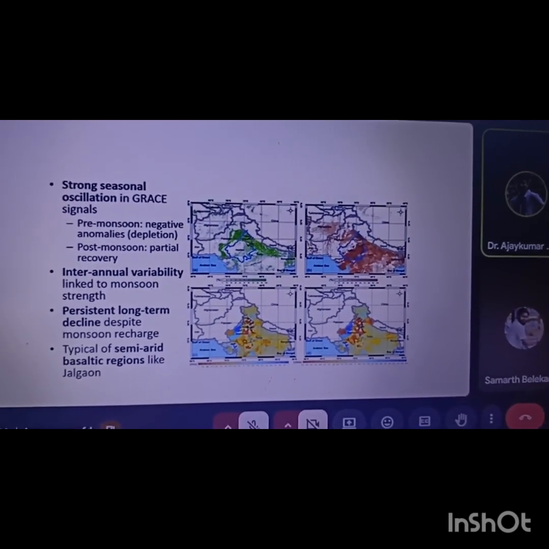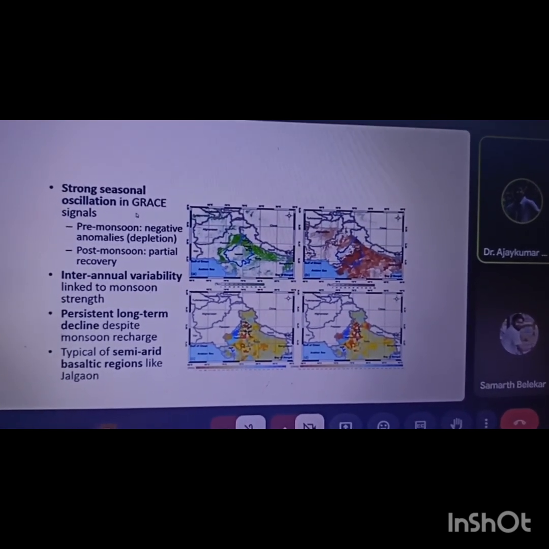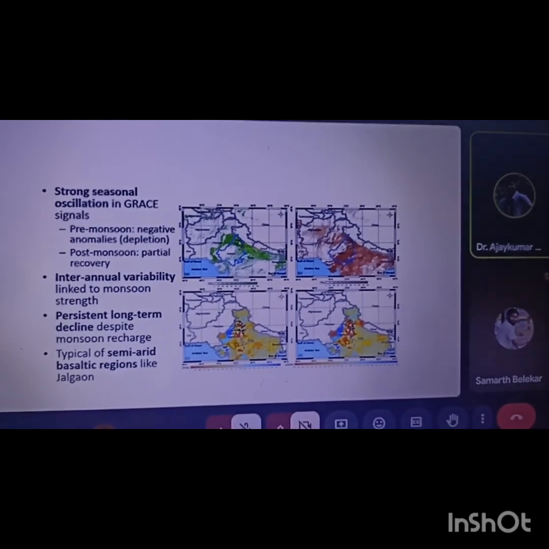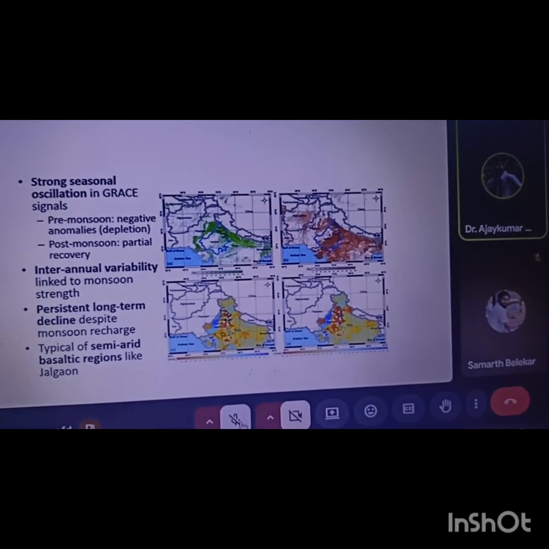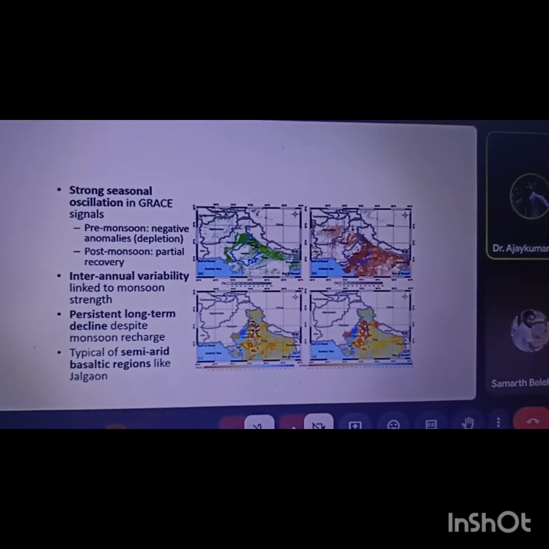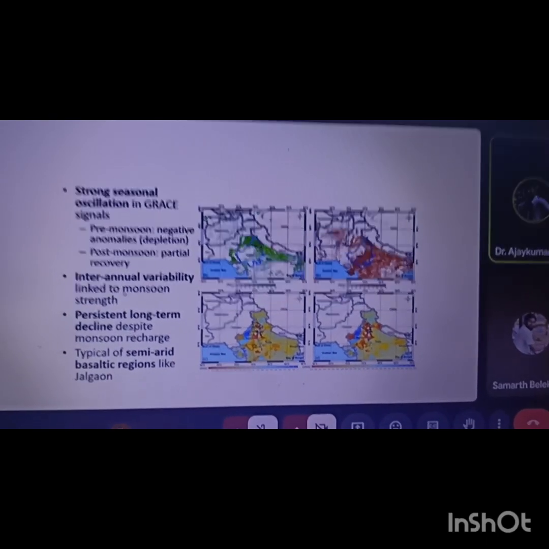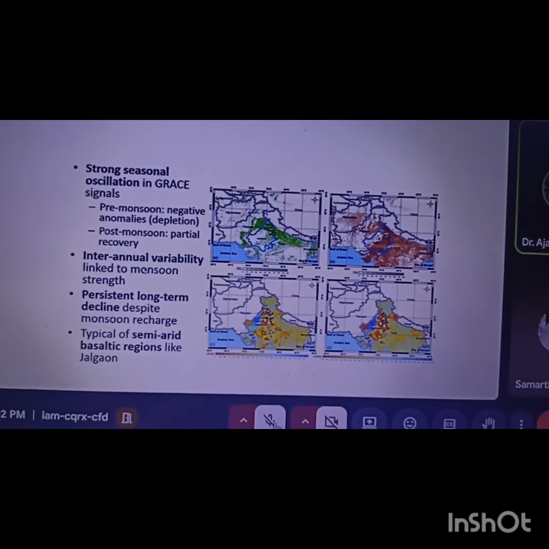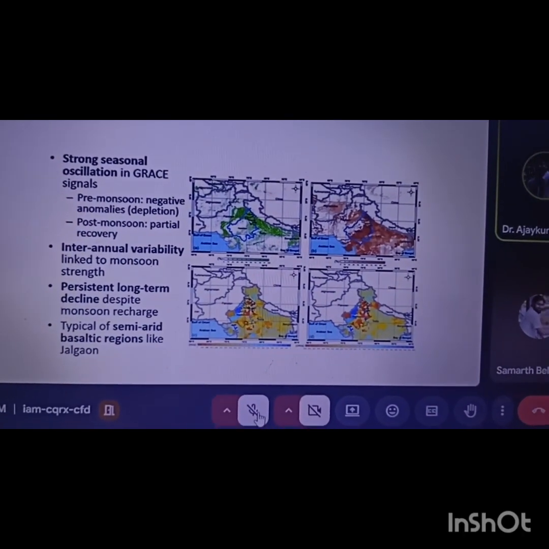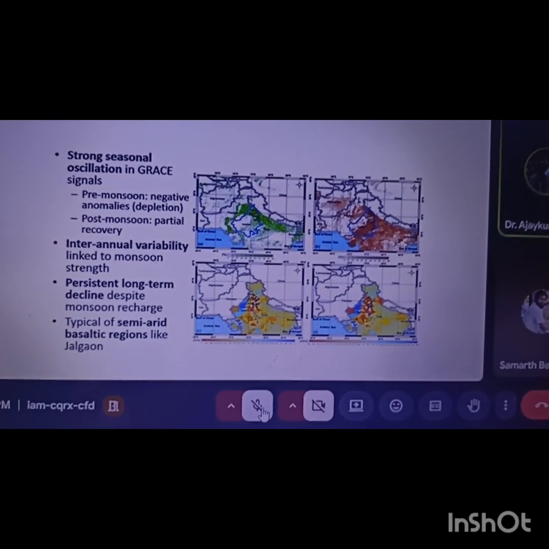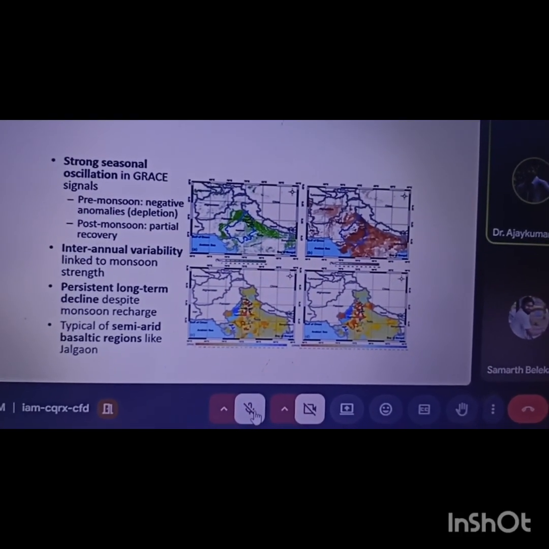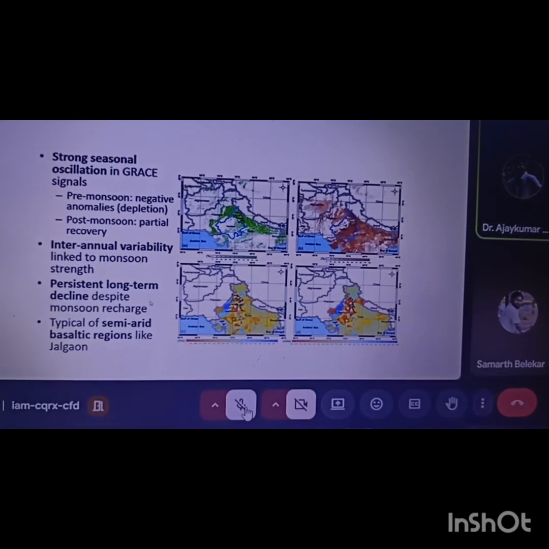So this data will give you the strong seasonal oscillation in GRACE signals. For these areas, Rajasthan and other places, they have done the analysis, and they found that the interannual variability, or the changes in the groundwater or water resource, is strongly linked with the monsoon, and there is a persistent decline of the recharge despite the monsoon.